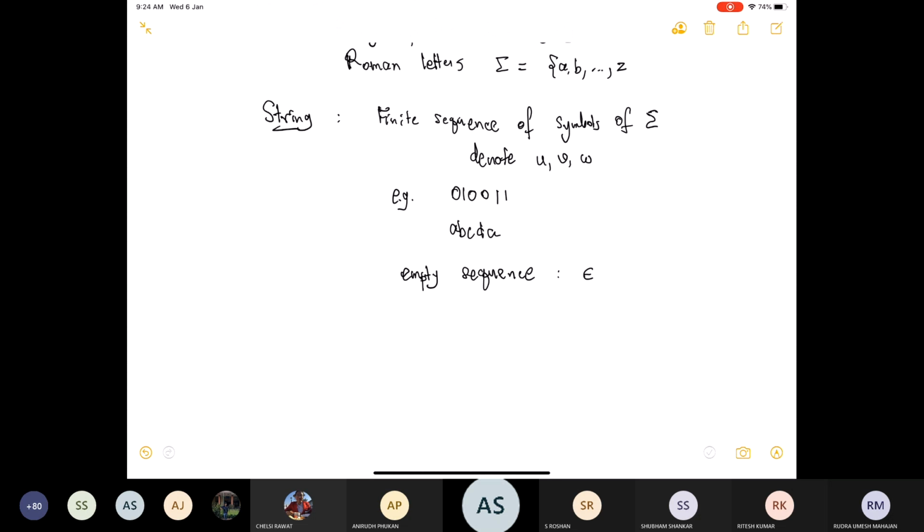So a string is just a finite sequence. We could also talk about infinite sequences of symbols, an infinite string or infinite word. There's a whole theory behind that, but we won't study it in this course.